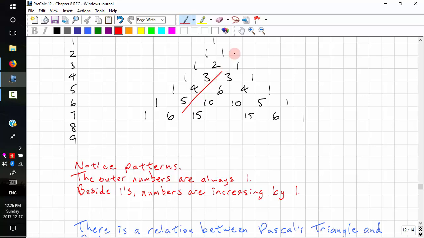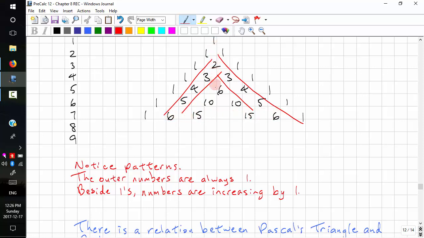Okay, so we've taken care of these edges. We'd like to notice any other patterns. If we look sideways, there's really no definite pattern.